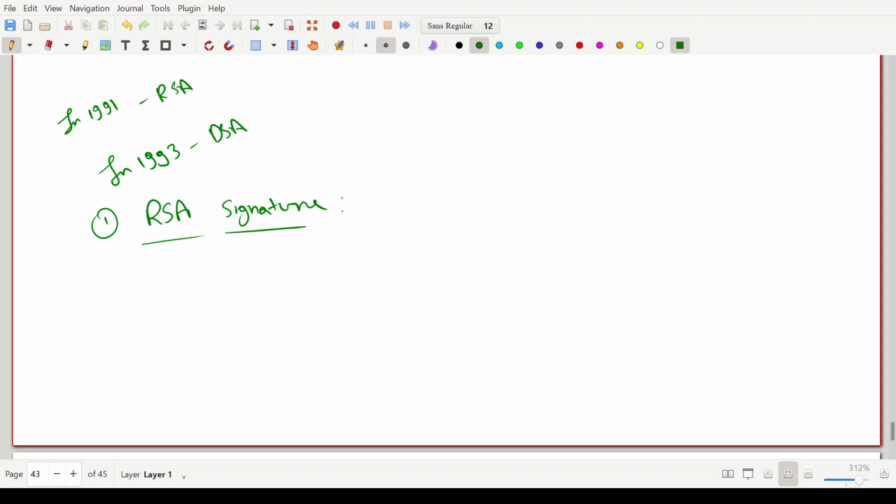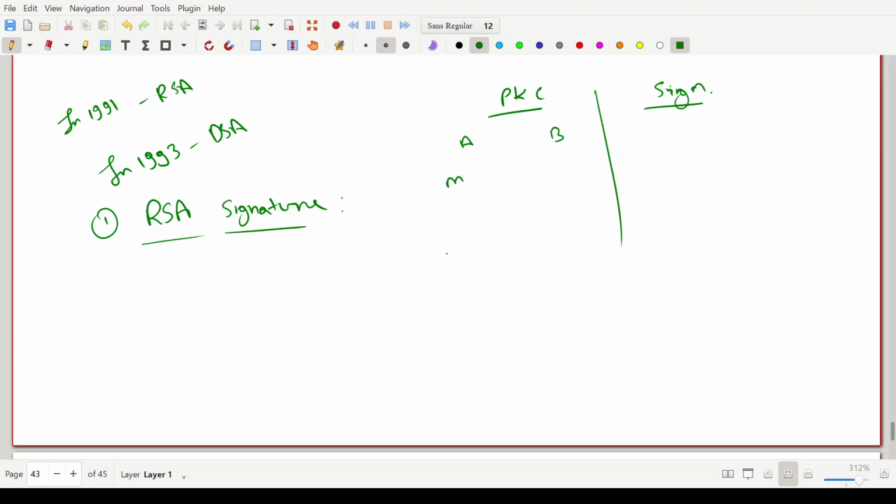So let us see what happens. In the case of PKC and in the case of signature, what is the relation? In the case of PKC, there is Alice and Bob, and Alice wants to send some message to Bob.